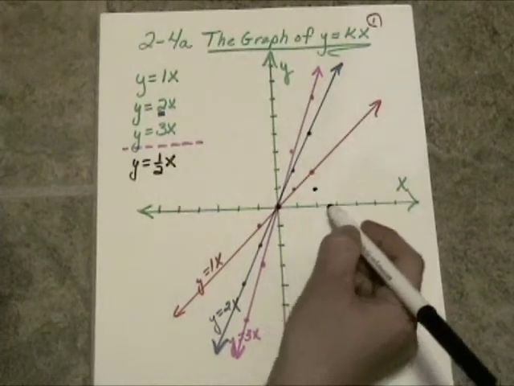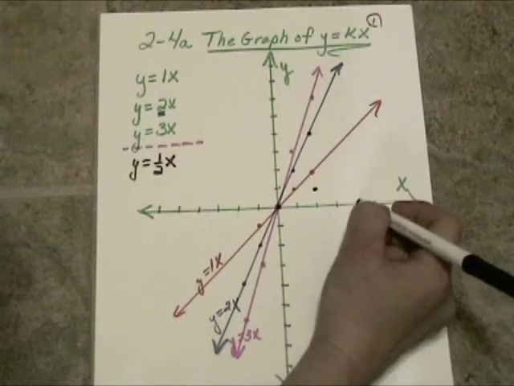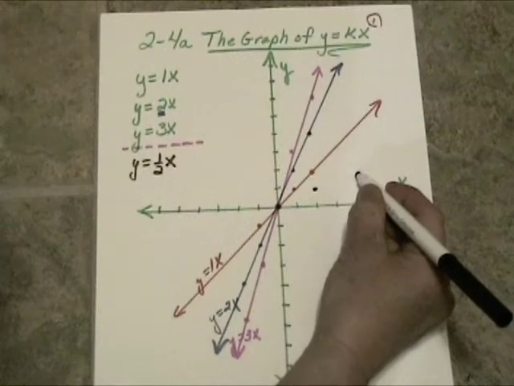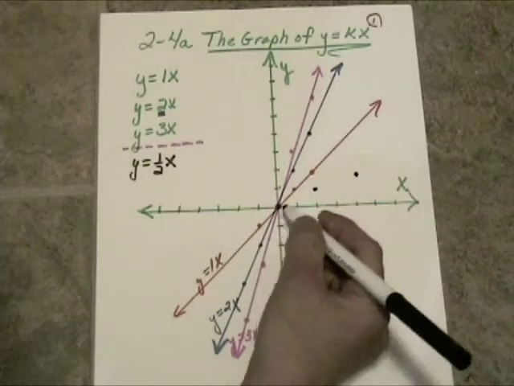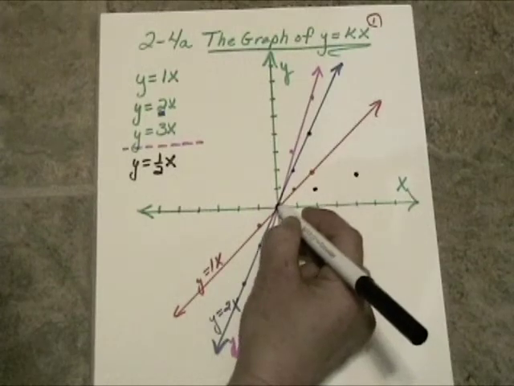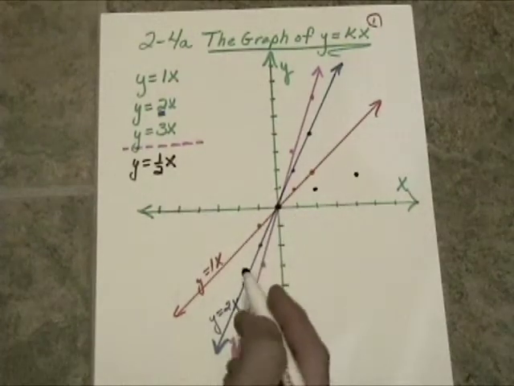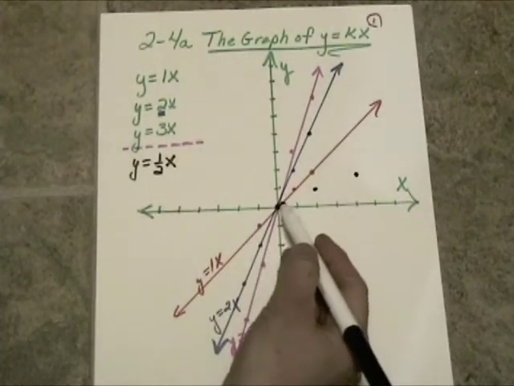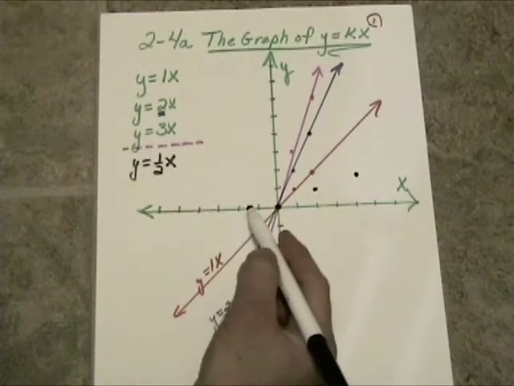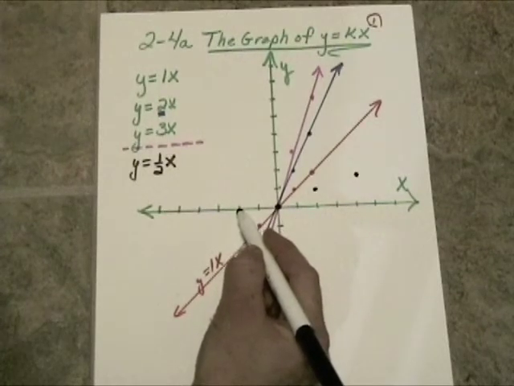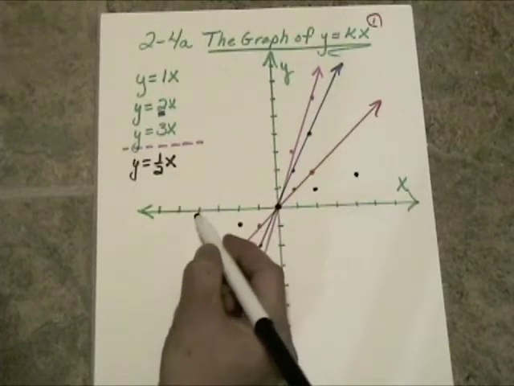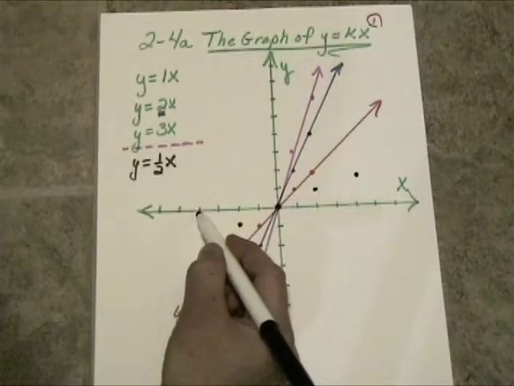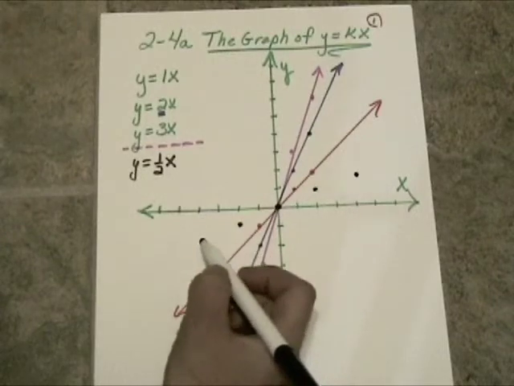If x is 4, half of 4 is 2, so we would have a point right here. If x is 0, half of 0 is 0, so we would still be passing through the origin. Let's do some negatives. If x is negative 2, half of negative 2 is negative 1. Negative 4, half of negative 4 is negative 2.